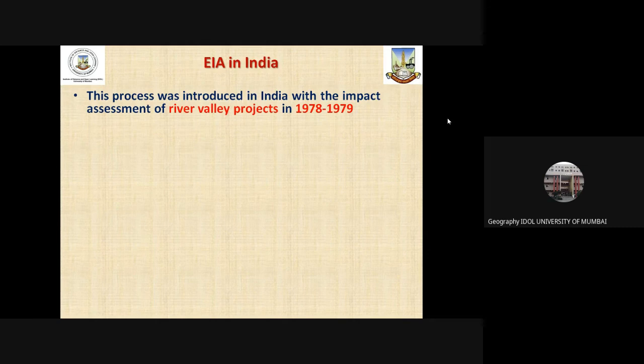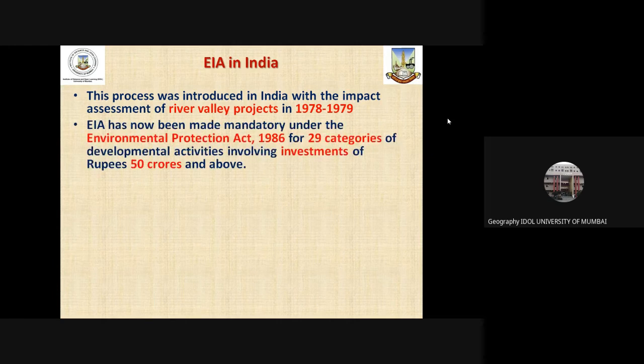As far as environmental impact assessment in India is concerned, the process of EIA was introduced in India with the impact assessment of River Valley projects initially in 1978-79. EIA has now been made mandatory under the Environmental Protection Act 1986 for 29 categories of development activities involving investment of rupees 50 crore and above.